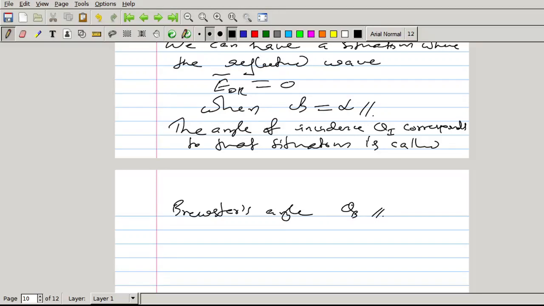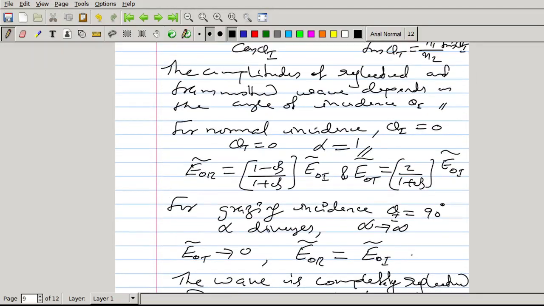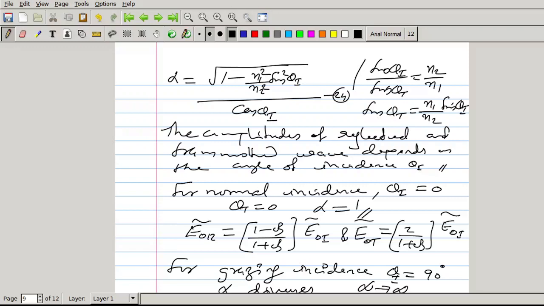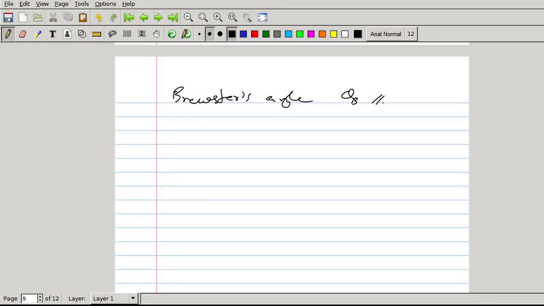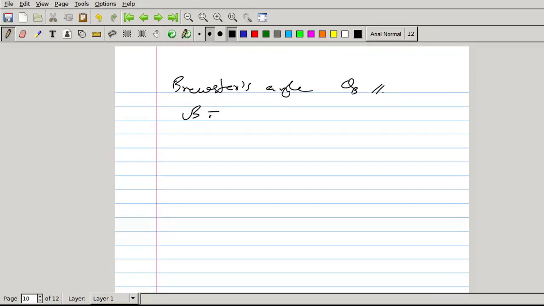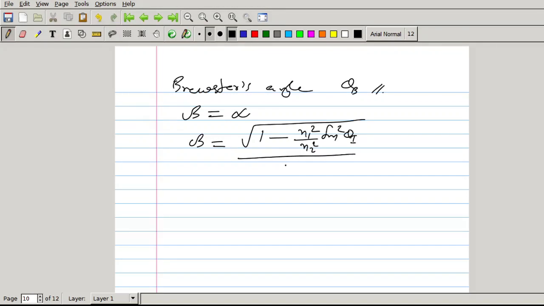So in that situation, we can write beta equal to alpha. What is alpha? From equation 24, alpha is root of 1 minus n1 square by n2 square sine square theta by cos theta. So we can write beta equal to alpha at theta equal to theta b, that is, beta equal to root of 1 minus n1 square by n2 square sine square theta I by cos theta I, and this beta value is n2 by n1.